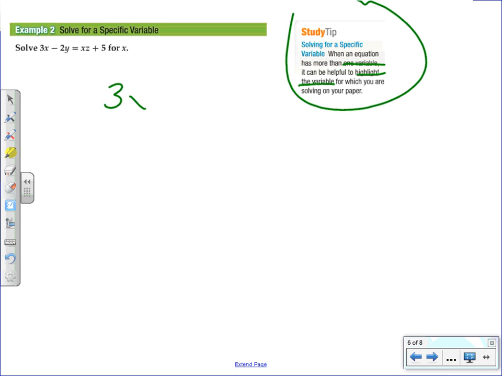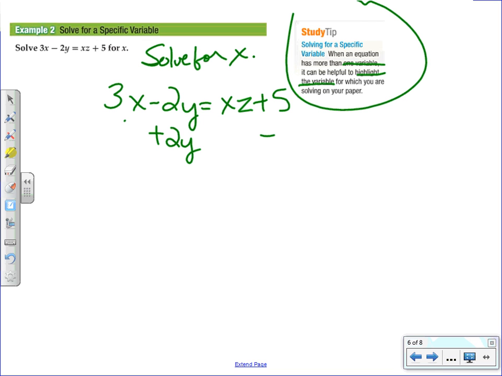So let's try this problem. 3x minus 2y equals xz plus 5, and we're solving for x. Okay, so what shall we do first? We're going to isolate our x, and we'll probably isolate our x on this left side over here. So let's add 2y to both sides, right?